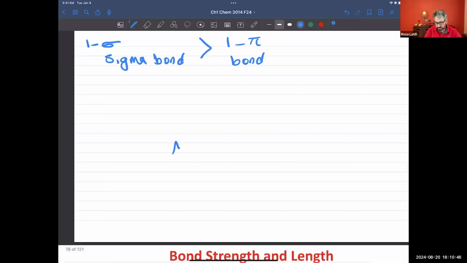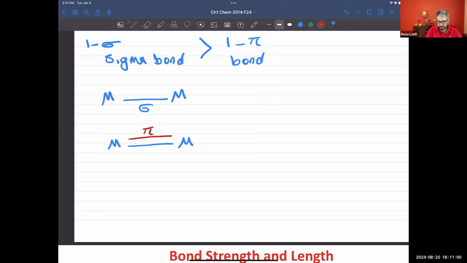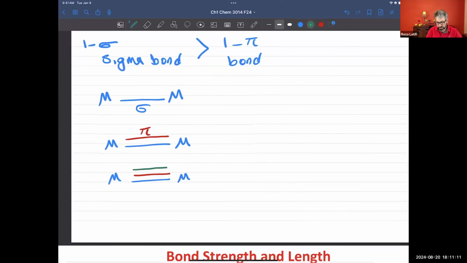When you attach two elements to each other, the first bond is always going to be a sigma. Now, if you build two bonds, the second bond is going to be a pi bond, and if you repeat this one, you get another pi bond. So this one also is going to be a pi bond.